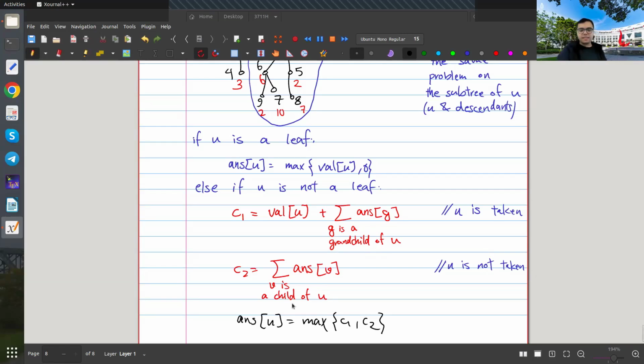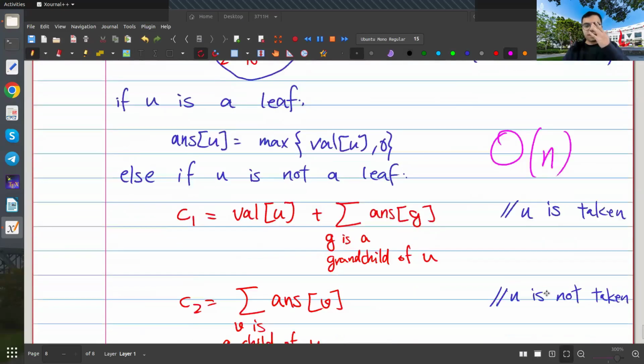And here I can say the same thing. In this sum, every node has exactly one parent, and it's only contributing to the sum at its parent. So the total runtime here is actually still O(n). This is a linear time algorithm, where n is the number of vertices.